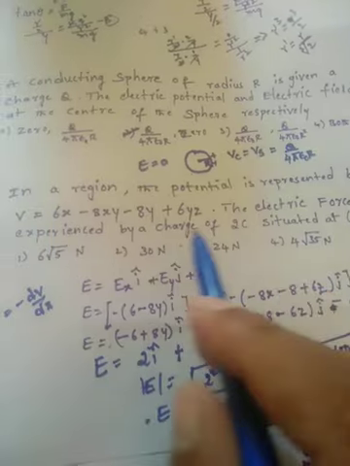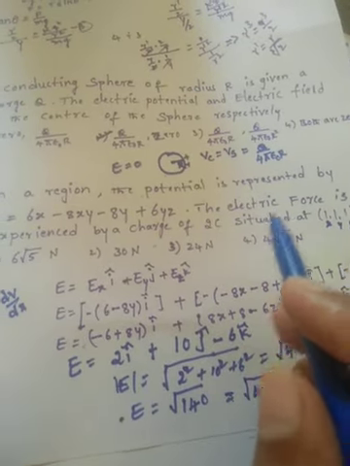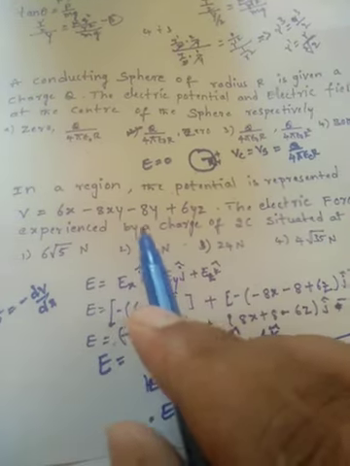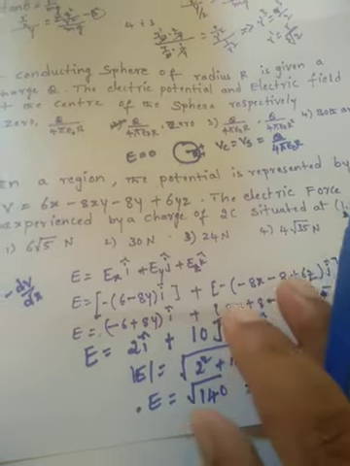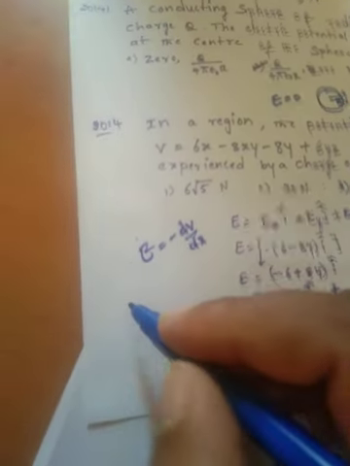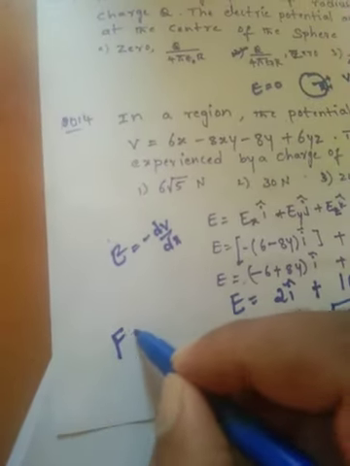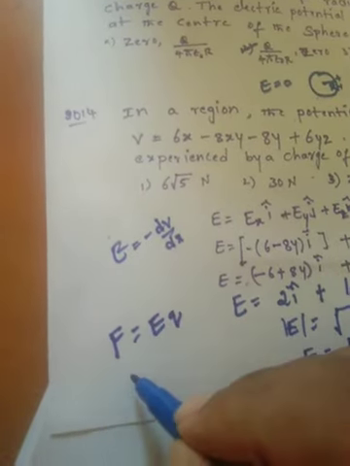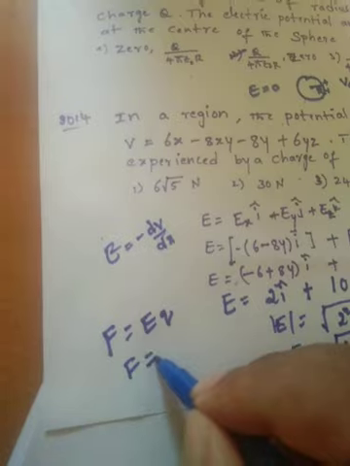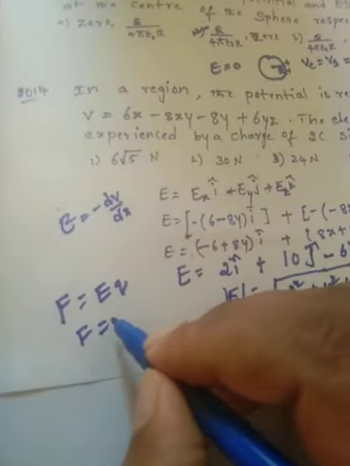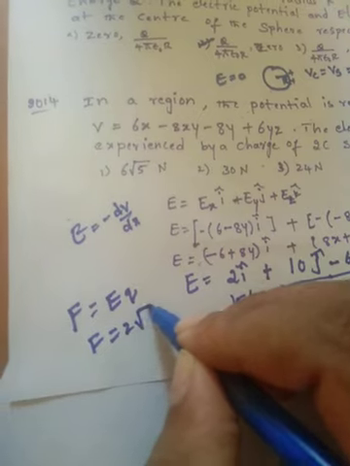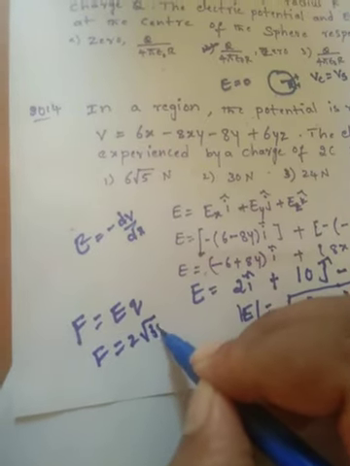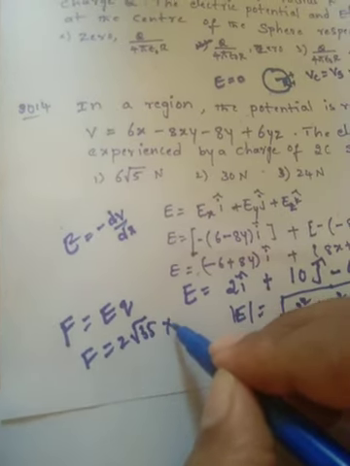But they asked to find the electric force experienced by the charge of 2 coulomb. Therefore, force F will be EQ. So F is equal to the E value, 2 root 35, into 2.